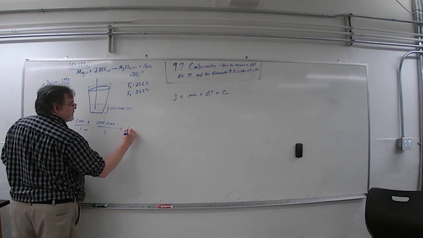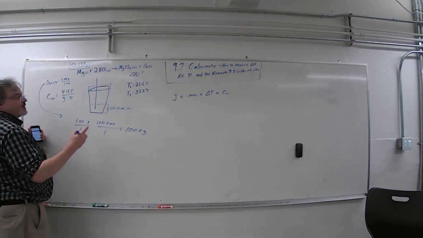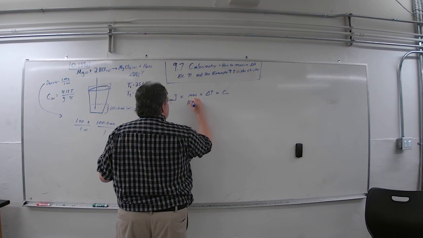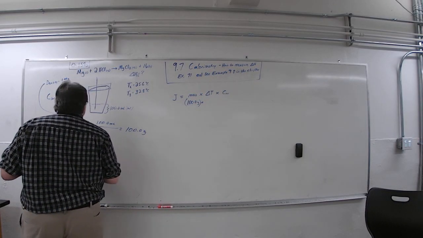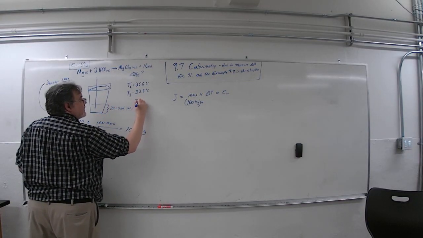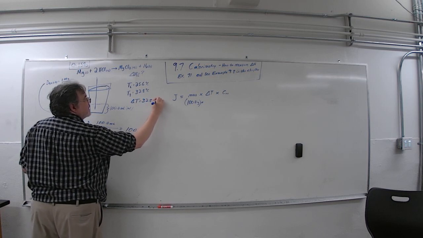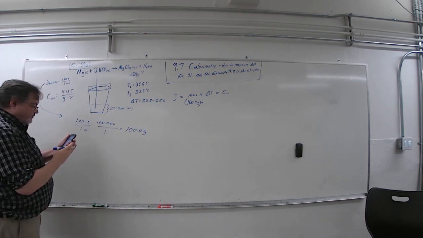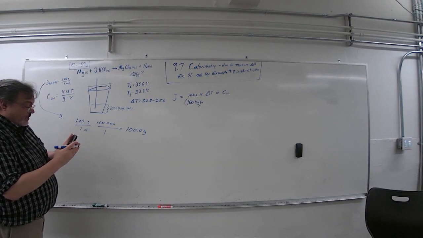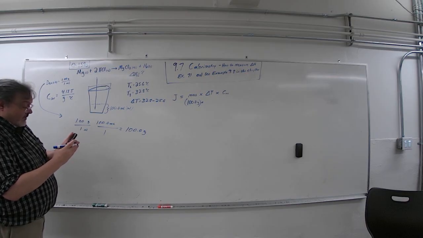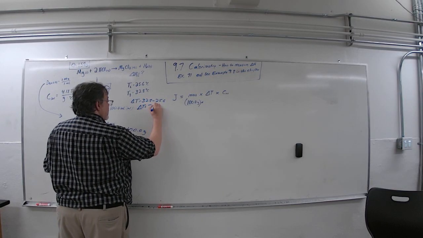Milliliters cancel. Grams of solution, so that's our mass. Times our delta T. Delta T equals final minus initial, 32.8 minus 25.6. So delta T equals 7.2.